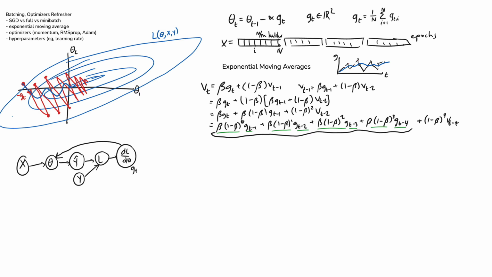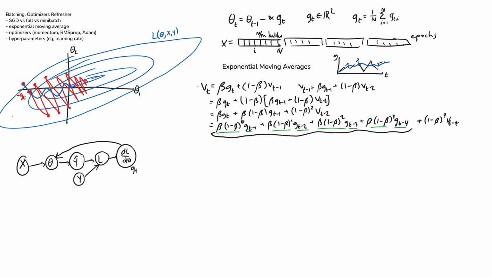So this coefficient, beta times 1 minus beta to some power, is a decreasing coefficient. If you visualize this as a series, you can write it in summation notation, but you get the point. Basically the value of your moving average at any time step is an exponentially decaying weighted sum of all of your previous values.